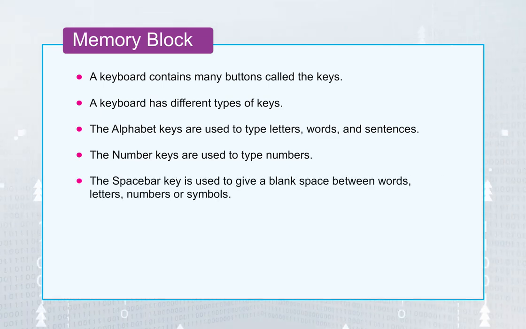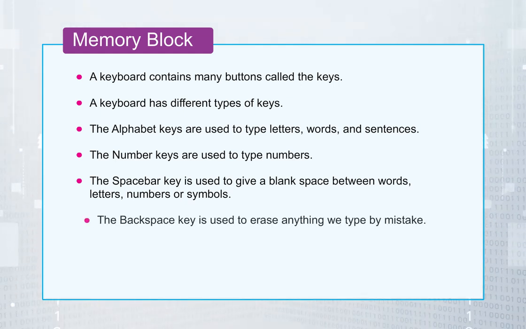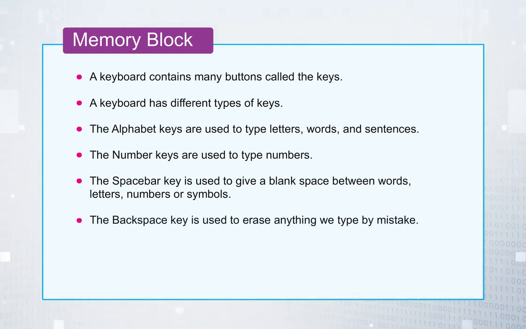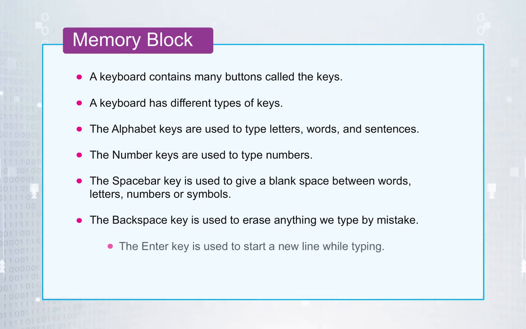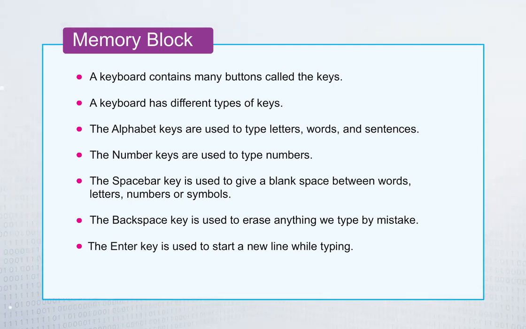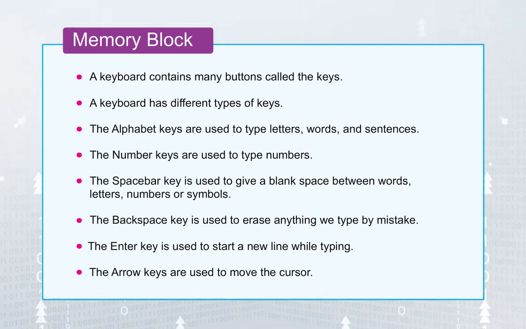The spacebar key is used to give a blank space between words, letters, numbers, or symbols. The backspace key is used to erase anything we type by mistake. The enter key is used to start a new line while typing. The arrow keys are used to move the cursor.